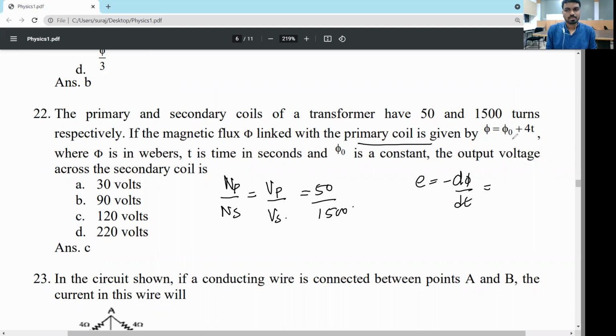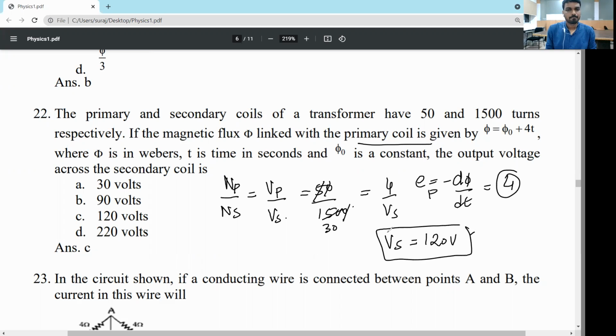Phi naught is a constant, so d phi by dt becomes 4. This is in the primary, so primary is 4. So 50 by 1500 equals 4 by Vs. Vs will be 4 into 30, which is 120 volts.